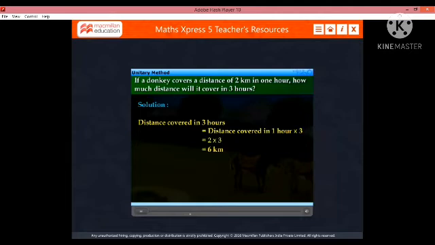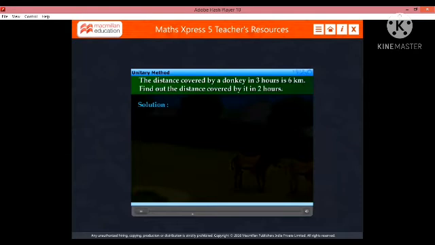Now, if we are given the distance covered by the donkey in 3 hours, that is 6 kilometers, and are asked to find the distance covered in 2 hours, then we have to first calculate the distance covered in 1 hour, that is, divide 6 kilometers by 3. We get 2 kilometers.